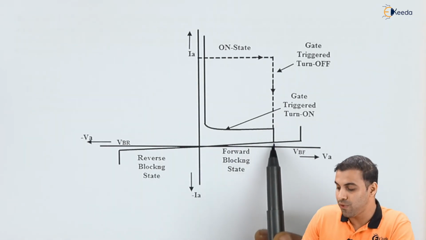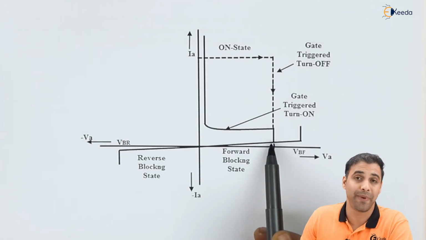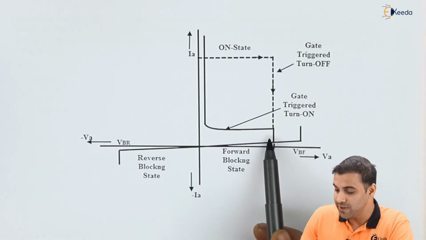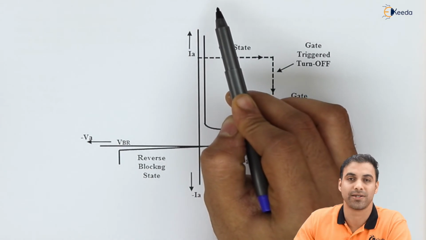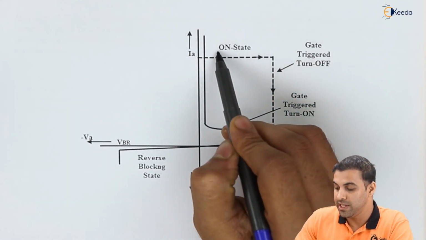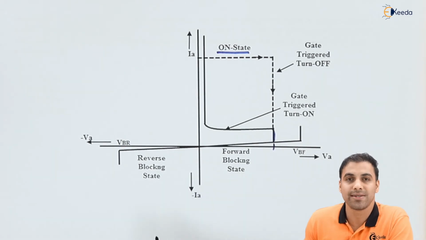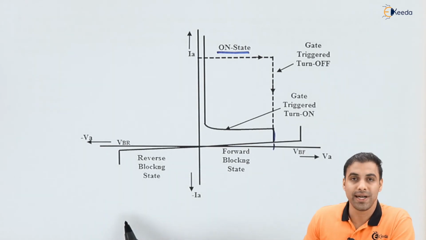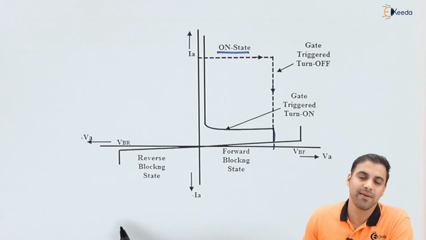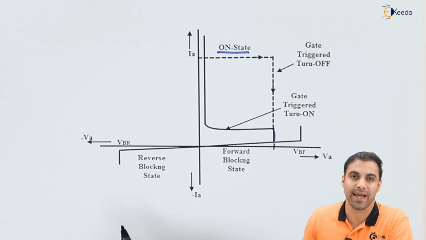Once the breakover voltage is reached, there is a sudden rise of electric current and the GTO reaches its on state. And in the same way as we discussed earlier, the reverse bias condition in the third quadrant will have similar VI characteristics.